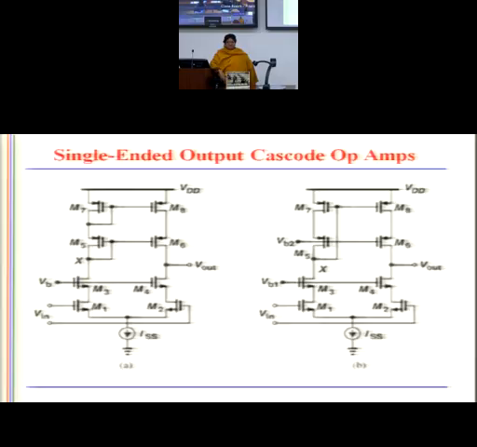Low voltage cascode both operates in saturation region. But this connection is made to save the net headroom voltage, the net voltage required by this. This is known as a low voltage cascode.